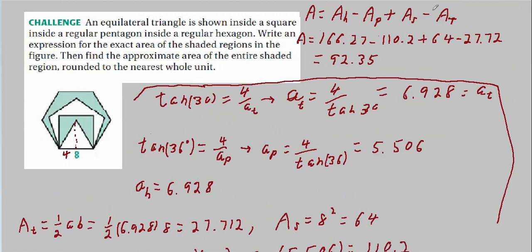So these problems are really more instructive than you might think, because it's a good chance you wouldn't have to find the area of something like this very often. I could be wrong. But you could take a look at this. This kind of looks like a ring to me, like you wear on your finger. Well, if you want to know what the area of this was, you could just take the area of the hexagon and subtract off the area of the pentagon and forget all the other stuff inside.